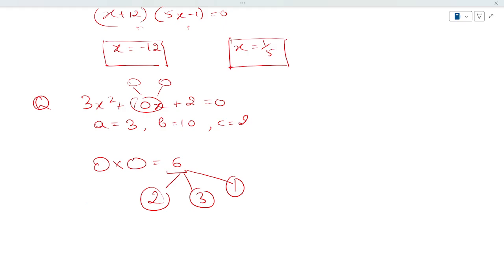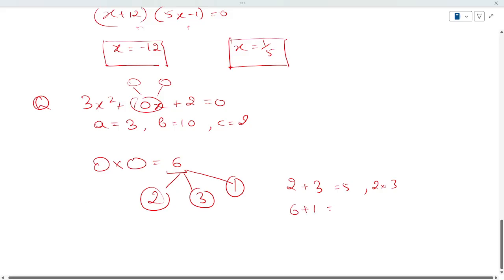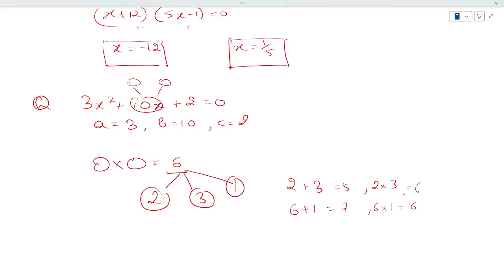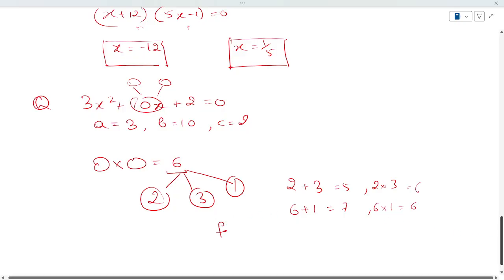We cannot form a possible combination that satisfies our condition, right? 6 plus 1 is 7, which is not equal to 10, right? So there is none of the possible combination. So factorization fails here.